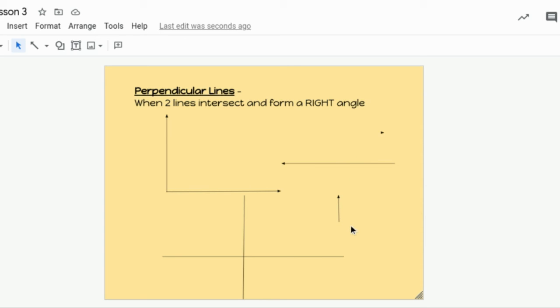This is a trick, because you might want to say no because they don't intersect. However, remember, if you see an arrow on one side, that means that line keeps going on forever. So you have to ask yourself, will this line eventually cross with this line? And the answer is yes.